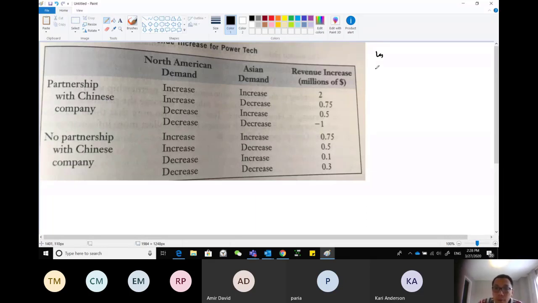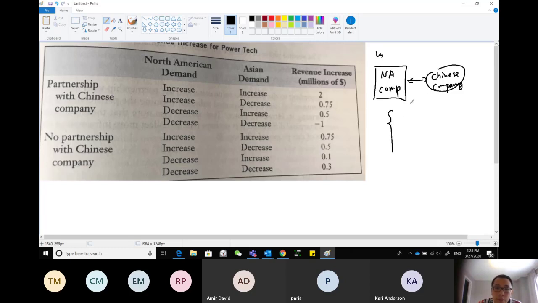So say we have a North American company. We're looking at whether we are going to partner with a Chinese company. While we partner with the Chinese company, there are 2 scenarios that we're facing.